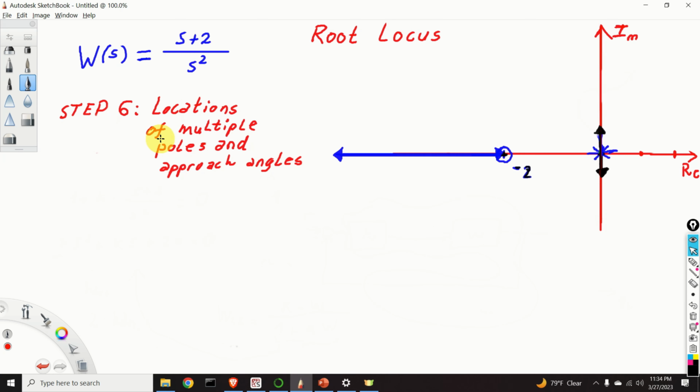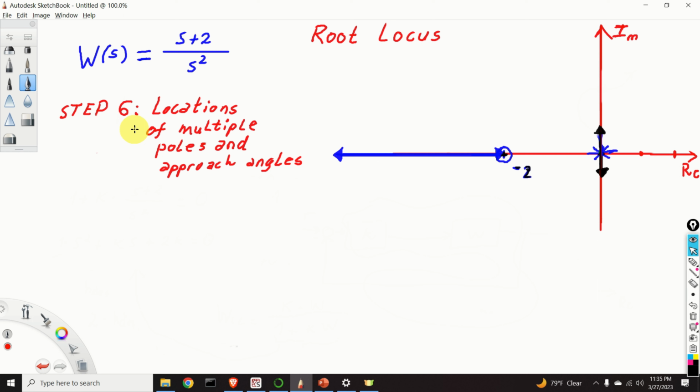Next, we proceed with step number 5. We need to estimate the locations of multiple poles, and we need to determine the approach angles. The procedure that I will explain for finding the locations of multiple poles will give a criterion that's only a necessary condition for multiple poles.